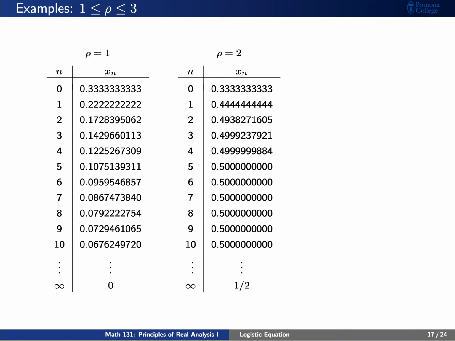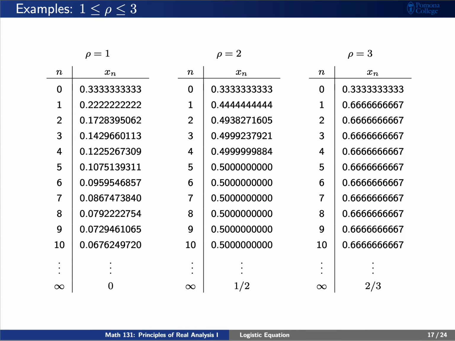When rho is equal to 2, again the terms get smaller and smaller, but they don't tend to 0, they tend to a finite number, in this case 1/2. When rho is equal to 3, again the terms get smaller, but they actually tend to 2/3 rather quickly.